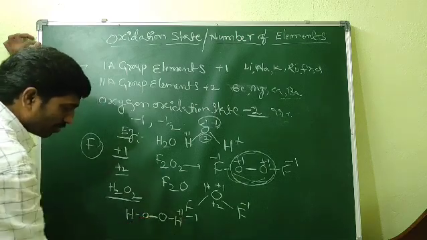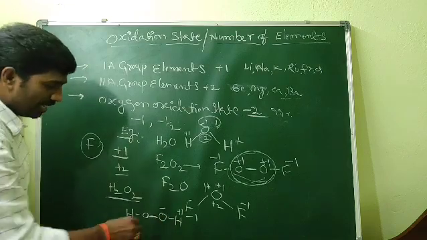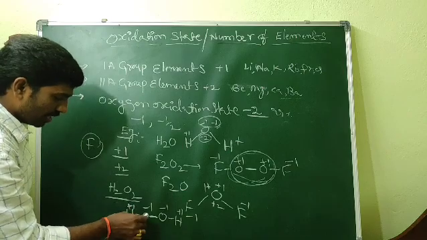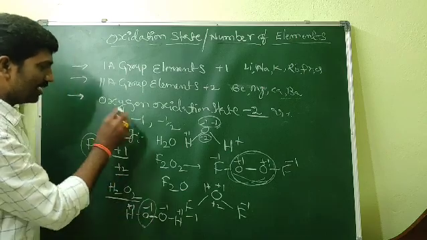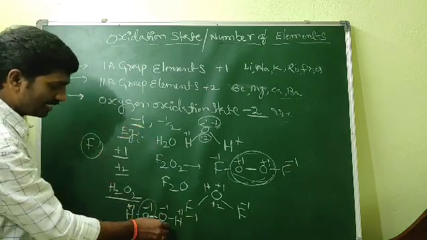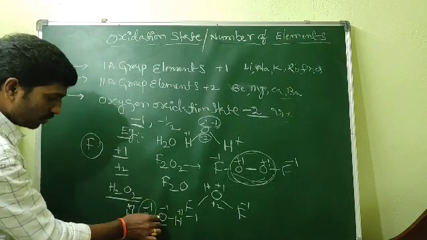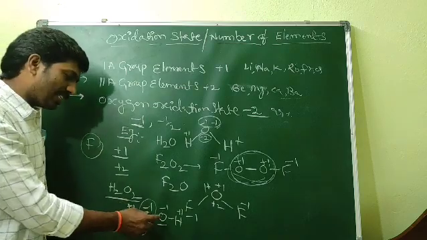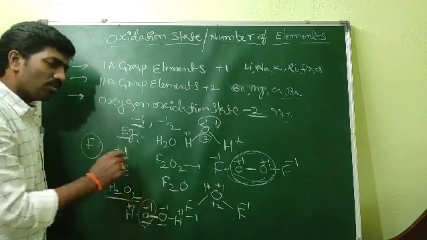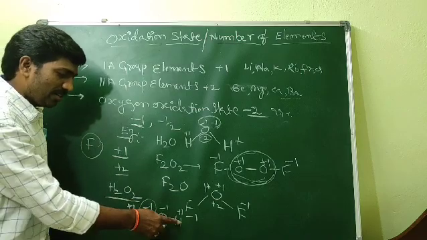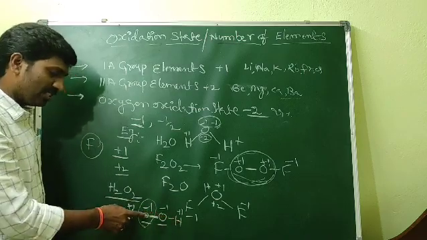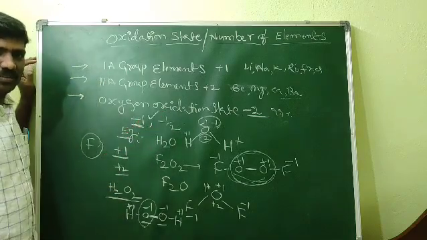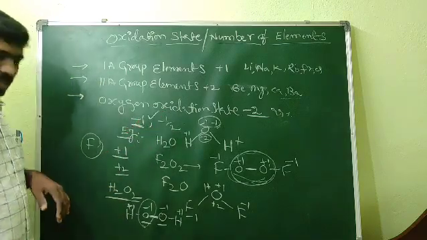Hydrogen is electropositive and oxygen is electronegative. Between the two oxygens there is no charge separation because both have the same electronegativity. For each oxygen, the hydrogen gives -1. So -1 it will exhibit. Okay, next.